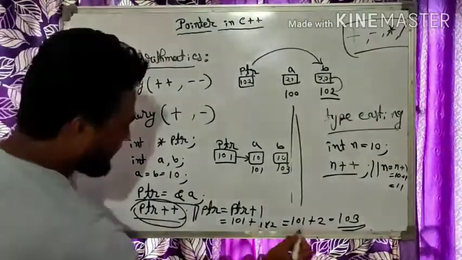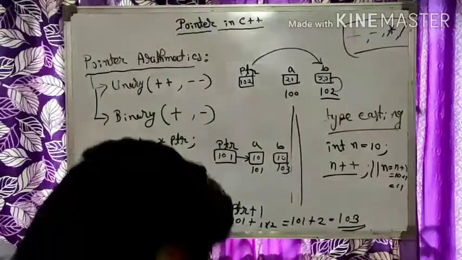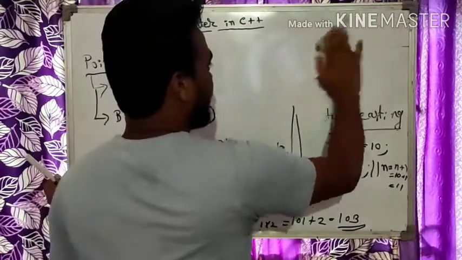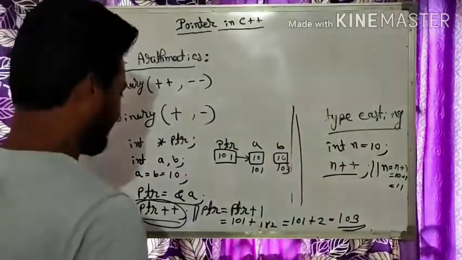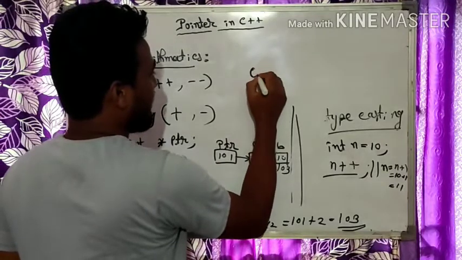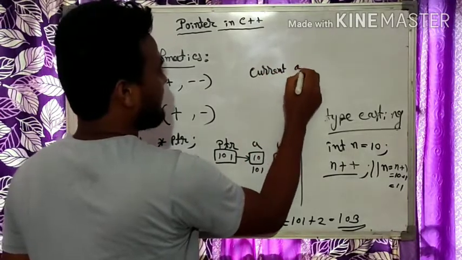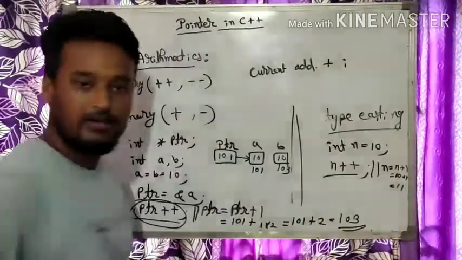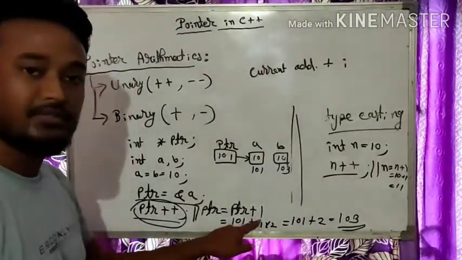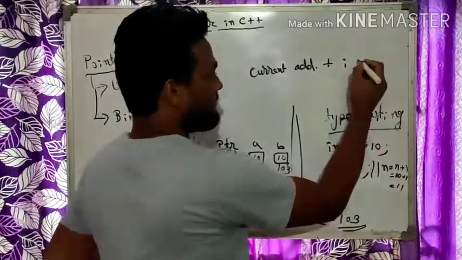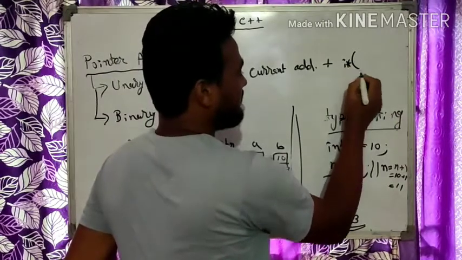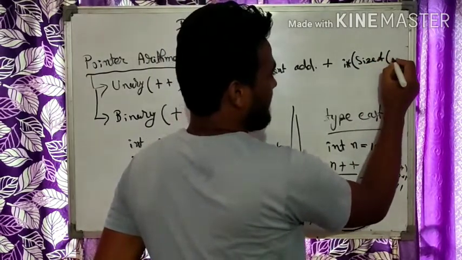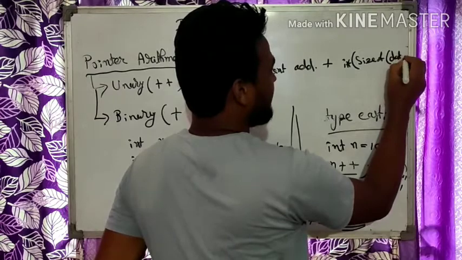So from here we can say we have a formula for how we can increment the value of a pointer. The formula is current address plus i, which in this case is 1, into size of operator of data type.